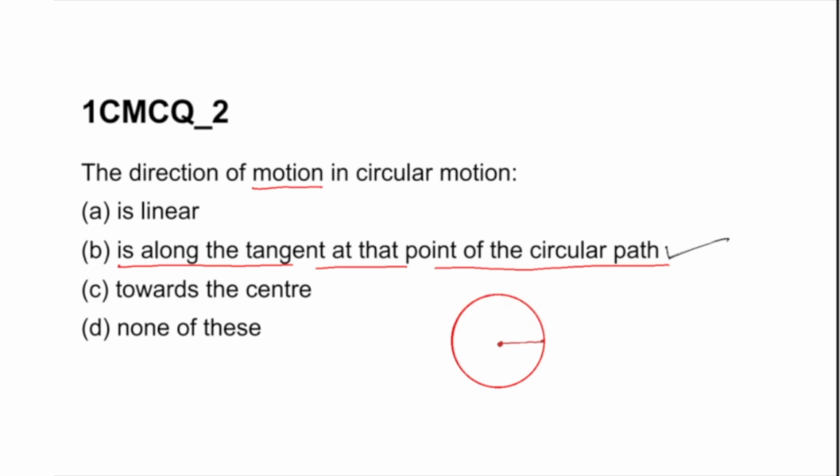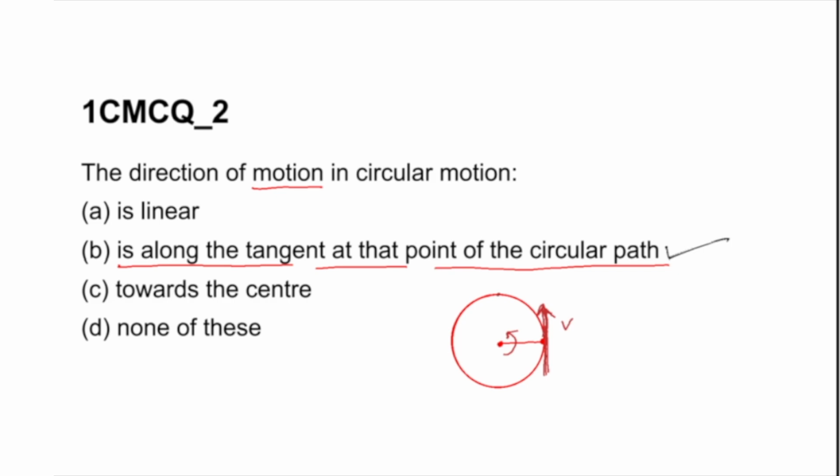Now if you want to know the direction of the velocity here, we'll draw a straight line tangent, just touching the circular path at this point, and along that line, according to the rotation, let's say it is rotating like this, our direction of motion or direction of velocity will be this.